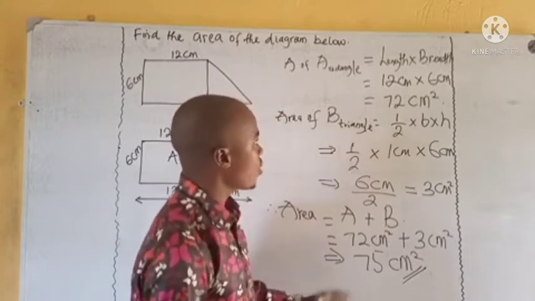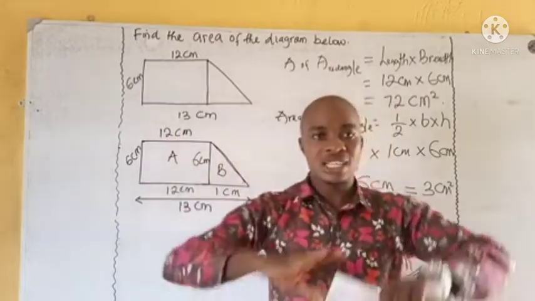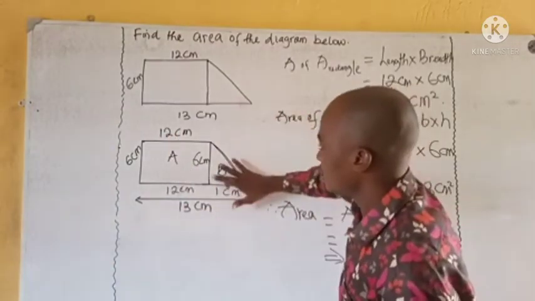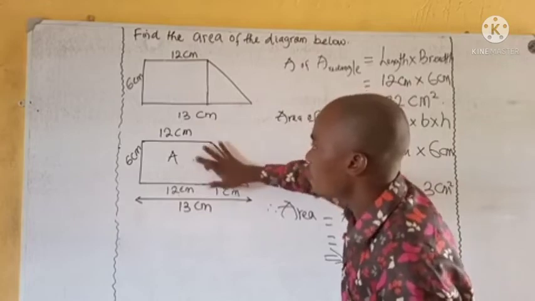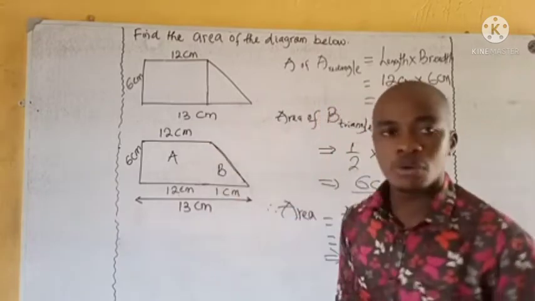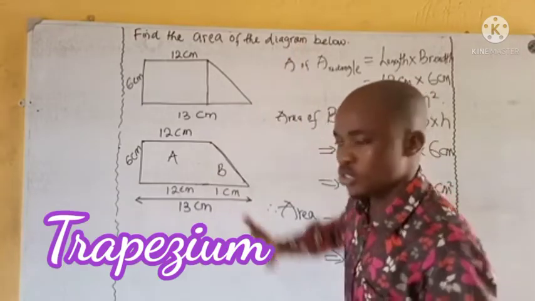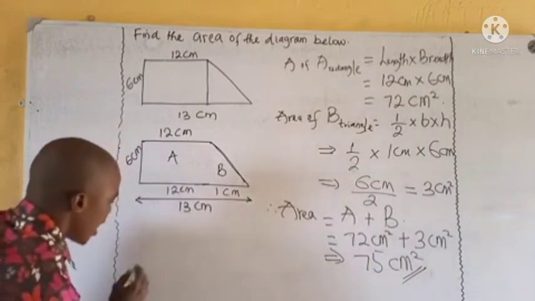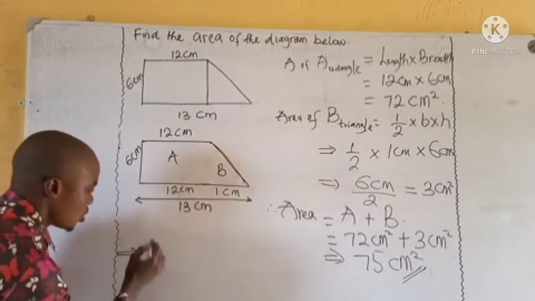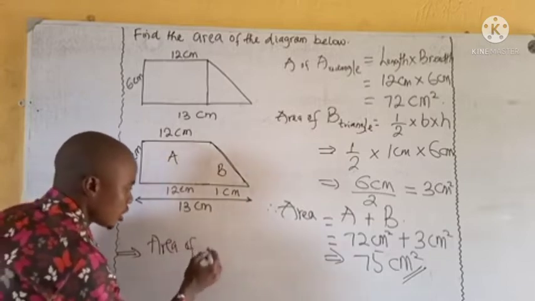Then another way of solving this is taking the diagram as a whole by removing this height here, and you have a shape called what? Called trapezium. So therefore, we now have the formula for the area of a trapezium.